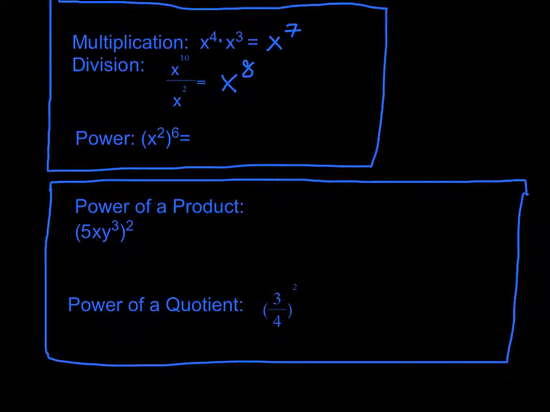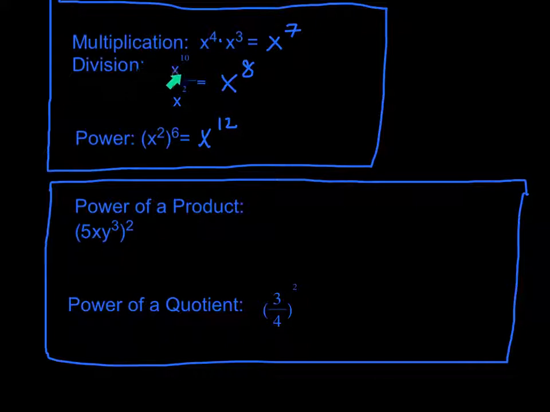All right, a little bit different when we have a power to a power. So what we do is we keep the base, and this time we take these powers, the 2 and the 6, and we multiply those. A little bit different than the one that says multiplication.